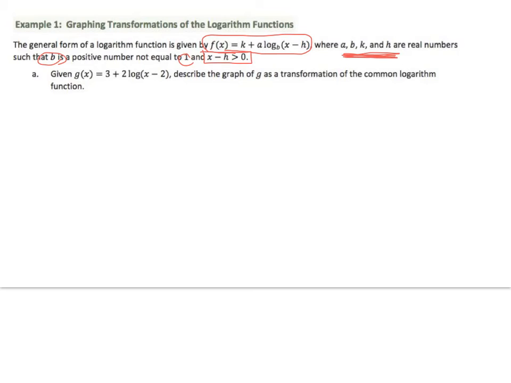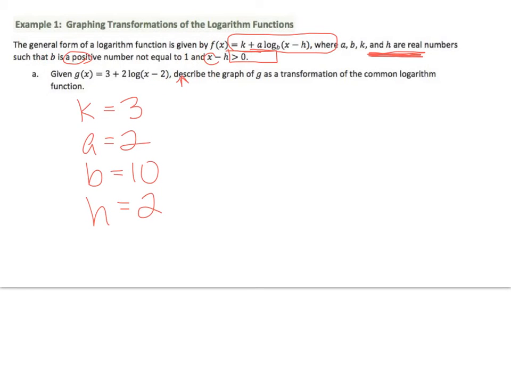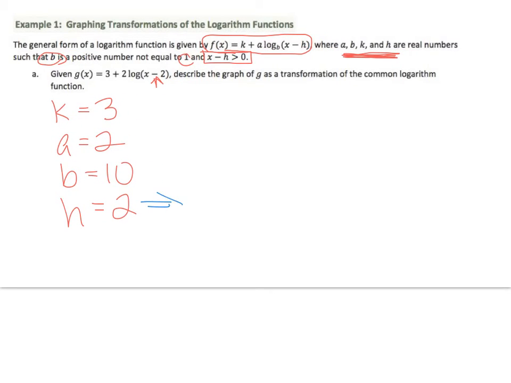So let's pick it apart. I know that k equals 3, a equals 2, the base is 10, and h equals 2. Notice h is 2, not negative 2. Okay, common mistake. So the h tells me that we've got a horizontal translation 2 units to the right.